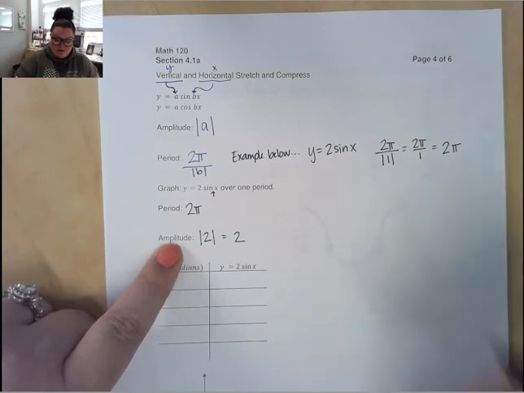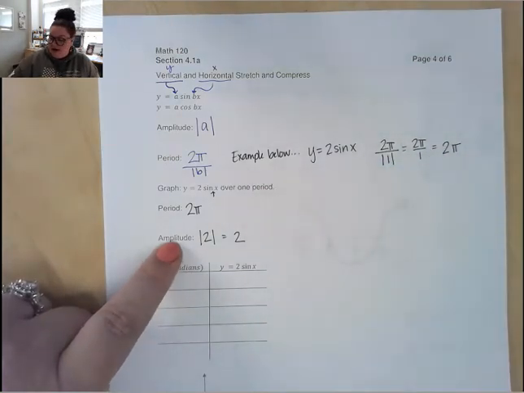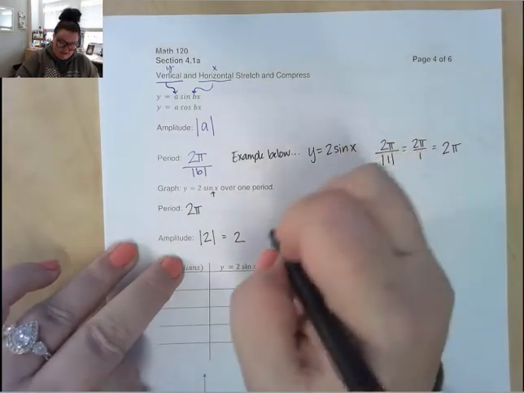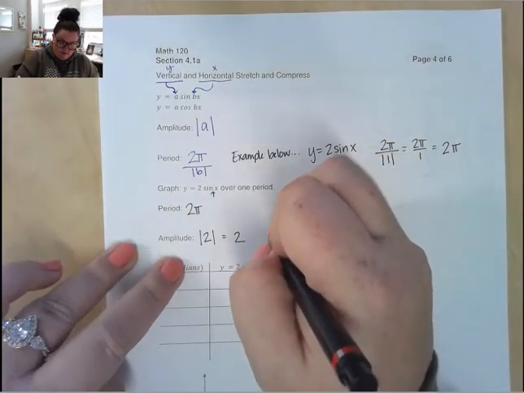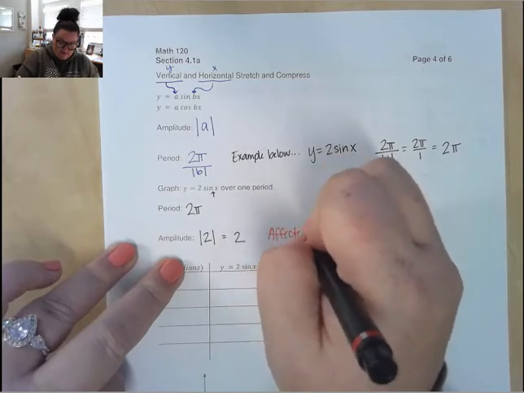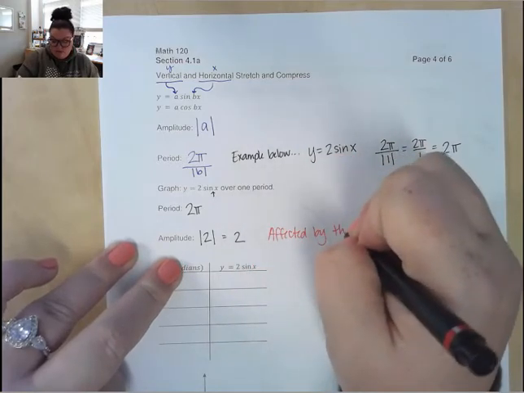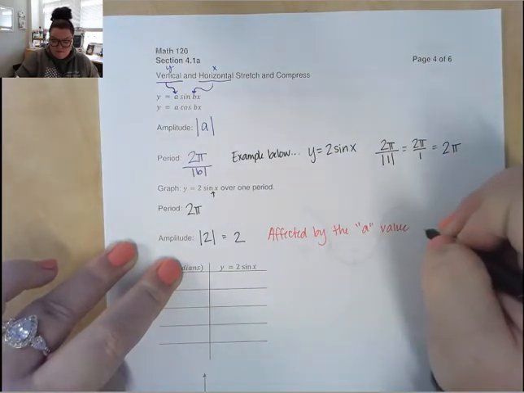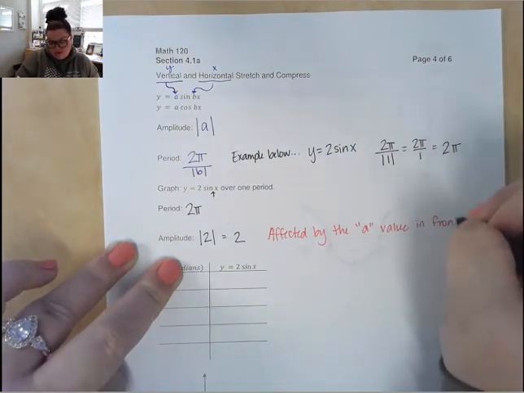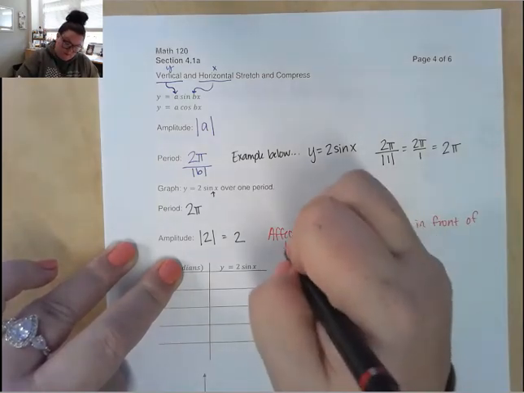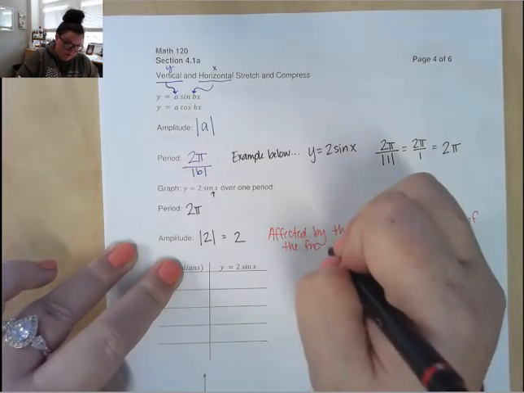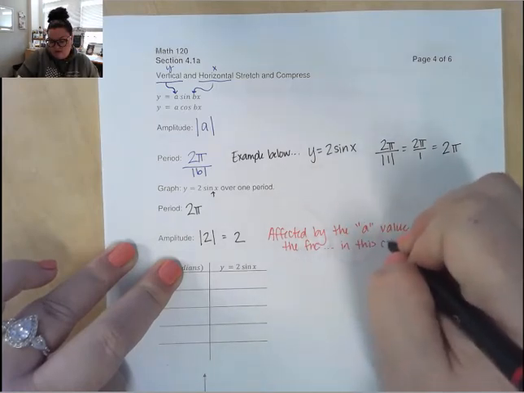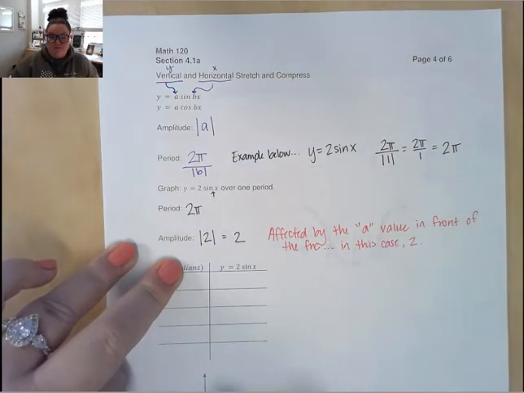Just as a side note, our amplitude is affected by the a value in front of the function, so in this case, 2.